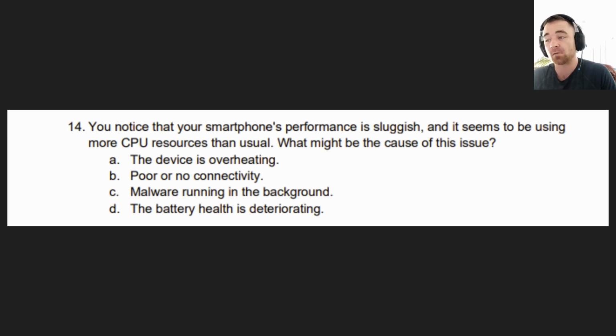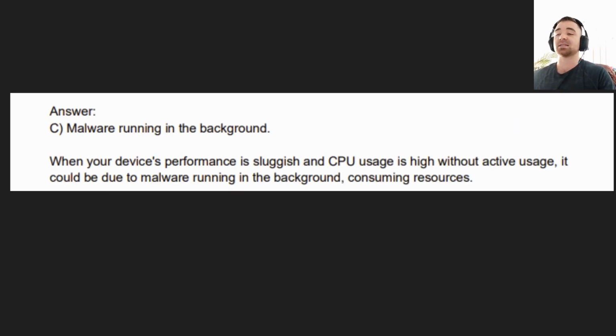C, malware running in the background. D, the battery health is deteriorating. 3, 2, 1. The answer is C, malware running in the background. When your device's performance is sluggish and CPU usage is high without active use, it could be due to malware running in the background, consuming resources.